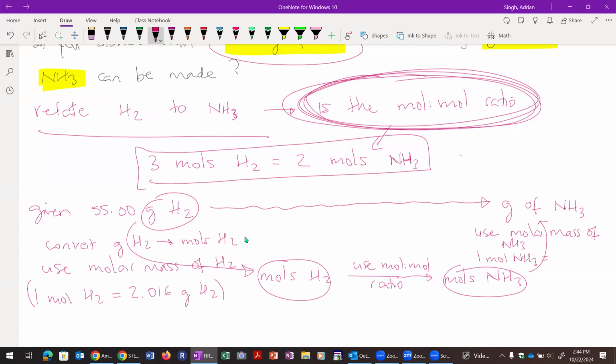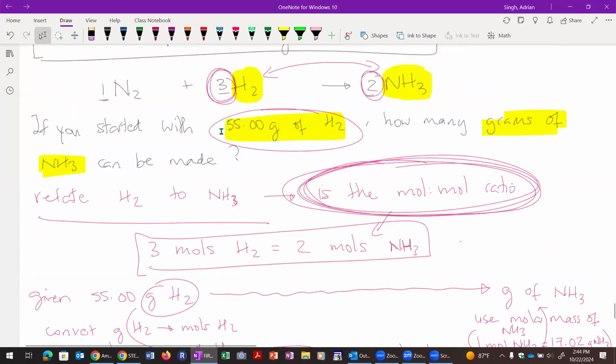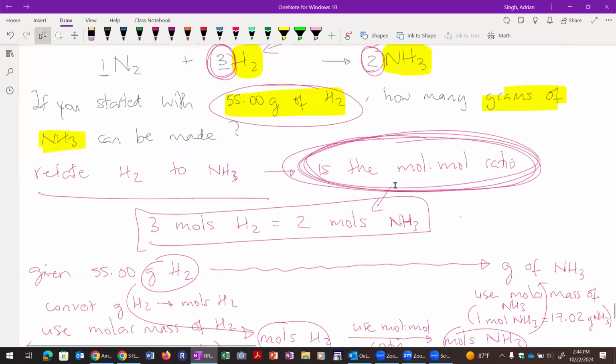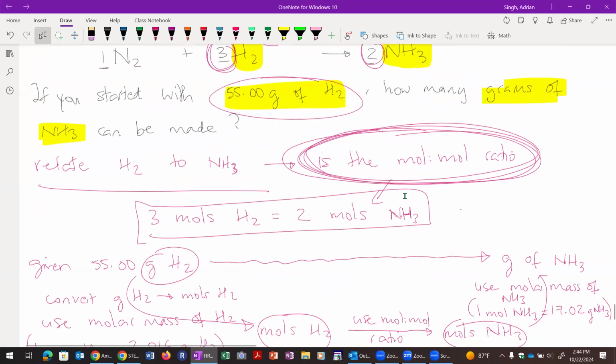So that's nitrogen's 14 plus 3 for the hydrogen, so that's 17.0 whatever 2 grams of NH3. That's your molar mass of NH3 that allows us to get from moles to grams. So we've taken this balanced equation and we've used it now in a way that's more practical.